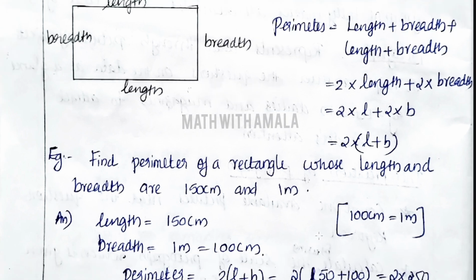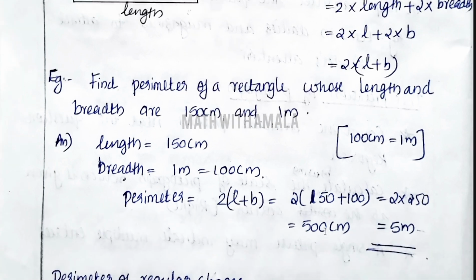Now to find the perimeter of a rectangle whose length and breadth are given like 150 centimeter and 1 meter respectively, you have to note that both are in different units. One is in centimeter and the other is in meter. So let us take the length 150 centimeter and we have to convert this into meter.